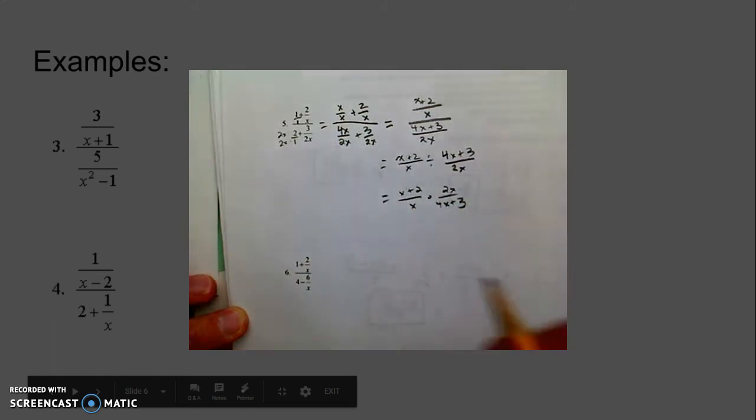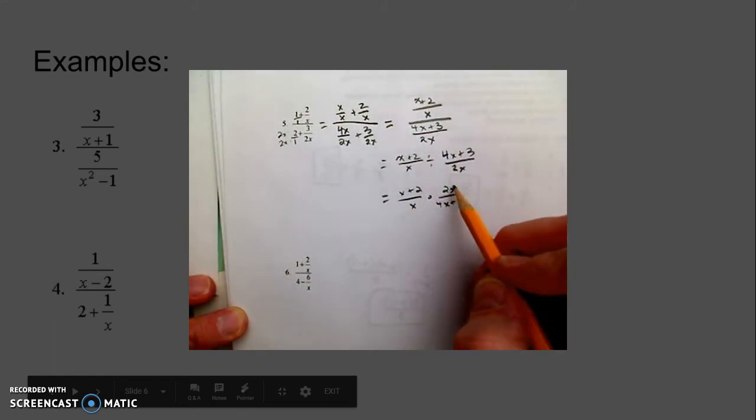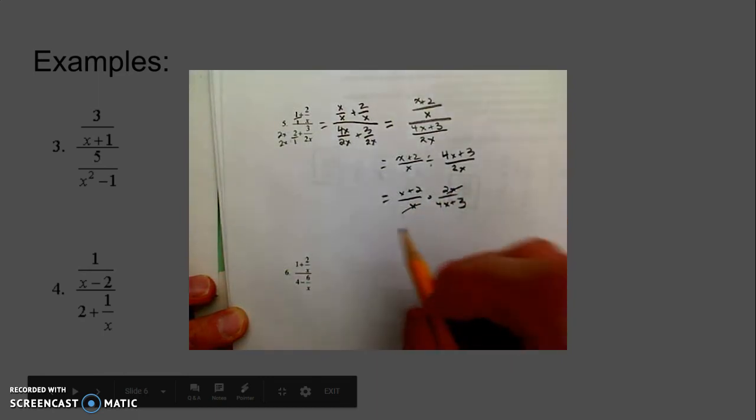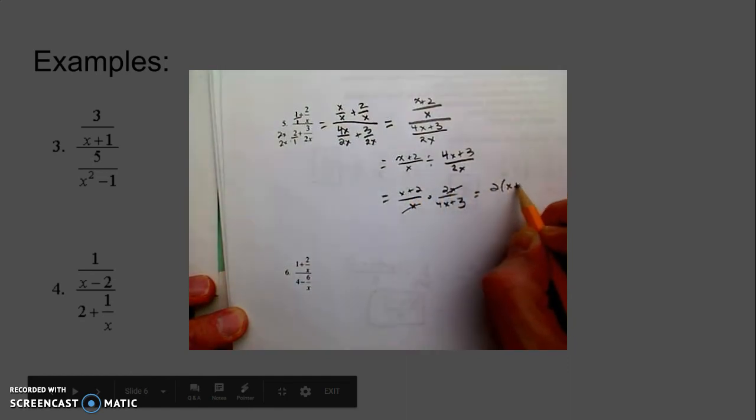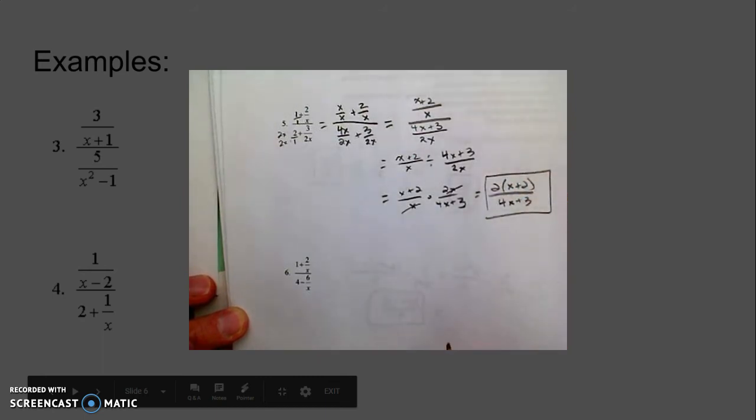And now let's see if we can divide out any common factors. Well, I can see I have an x here and an x here. x divided by x is 1. In the denominator, my only factor is 4x plus 3. Okay. Nothing in common there that we can divide out.